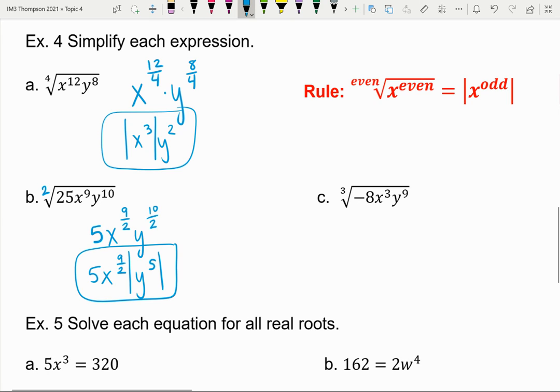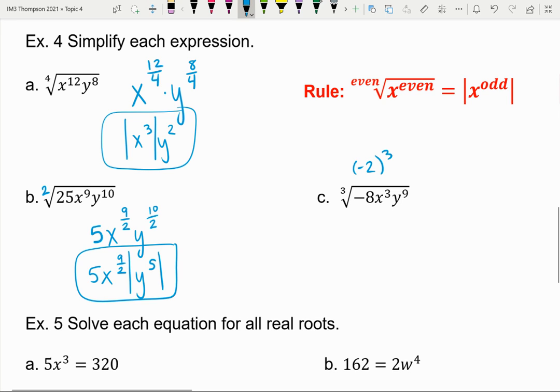All right, so example C is the third root of negative 8 x cubed y to the 9th. Now, the square root of a negative number is imaginary, but the cubed root of a negative number, I can do that.